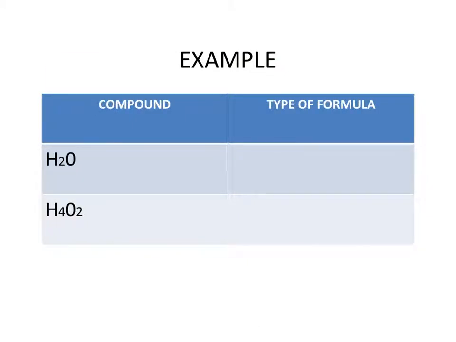In the first compound, we have H2O. That is a 2-to-1 relationship. Since you cannot further factor this by a common factor, this tells you that this is an empirical formula.